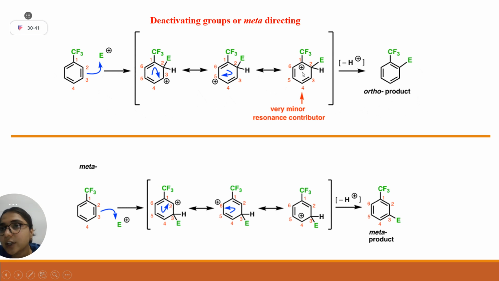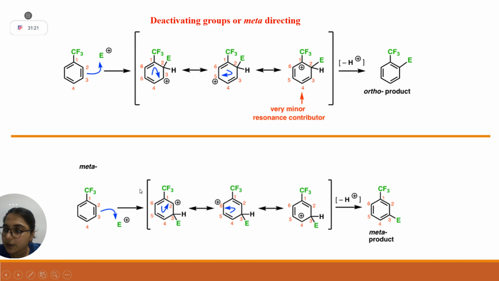CF3 is electron withdrawing or donating? Withdrawing, obviously. So it will destabilize this carbocation. So therefore it is said that whenever your benzene ring is having electron withdrawing substituents, which type of product are major, ortho or meta? Meta. Why? Because let's say you are doing this meta attack. So when you are drawing resonating structures, in no structure is this positive charge coming just next to this CF3 group, right?